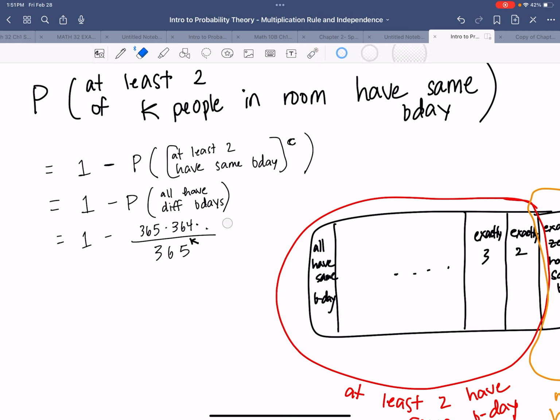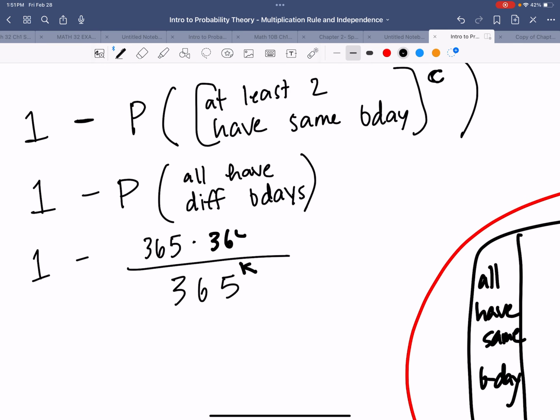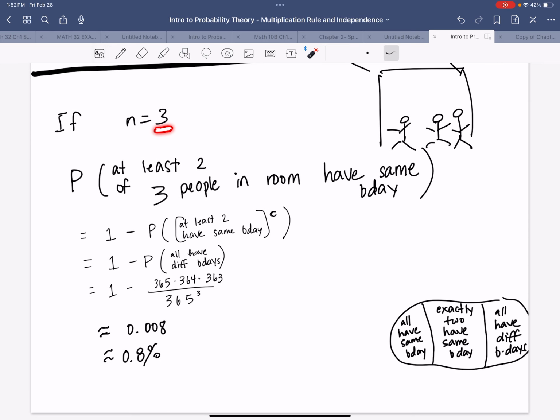Well, the first person is going to have 365 options, and then 364 options, and then 363 options, 362, all the way down to 365 minus k minus 1. So think back, how did we get k minus 1? Think back to when we had 3, we went 365, 364, 363. We need to multiply 3 numbers, and each time we're subtracting 1 from the previous, right?